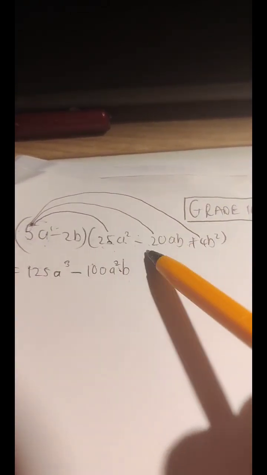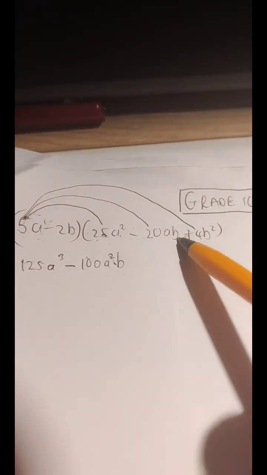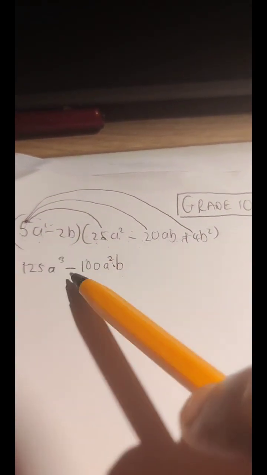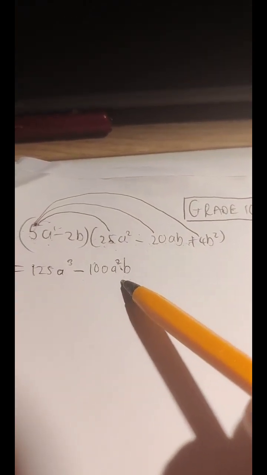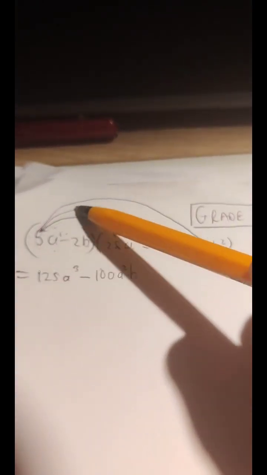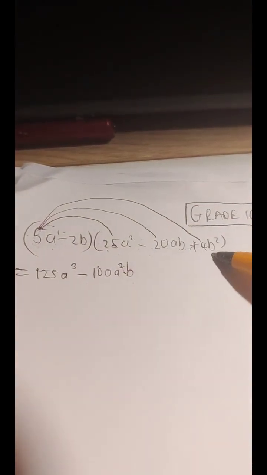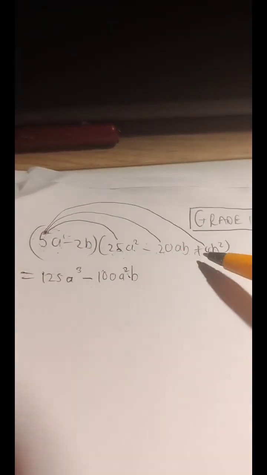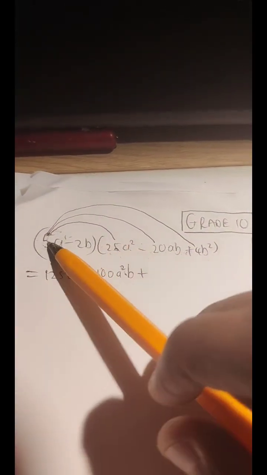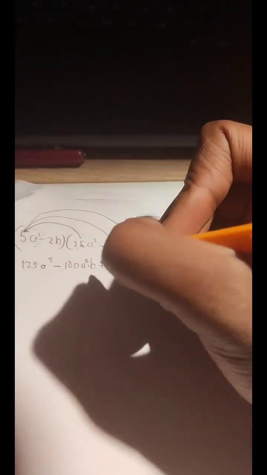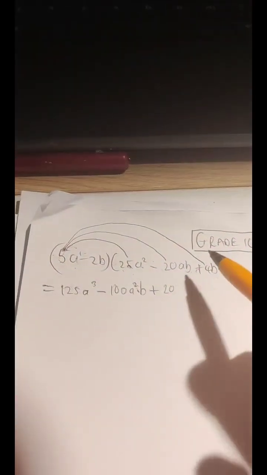So 5a times negative 20ab is a negative 100a squared b. We take 5a and distribute with the last term. Same thing: a positive times a positive is a positive. 5 times 4, the number, is 20.